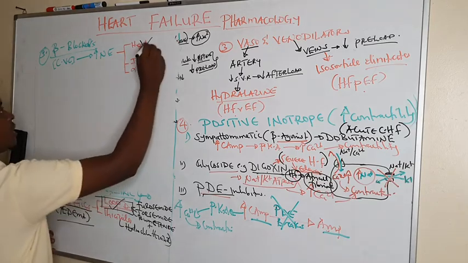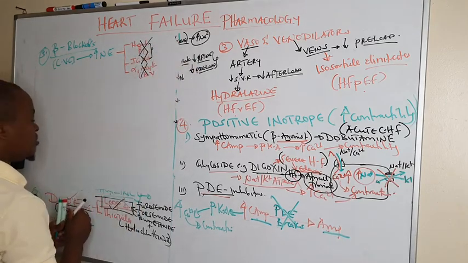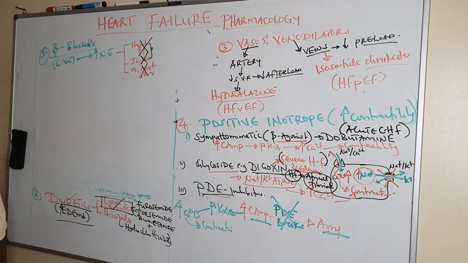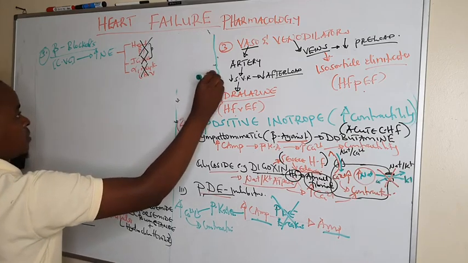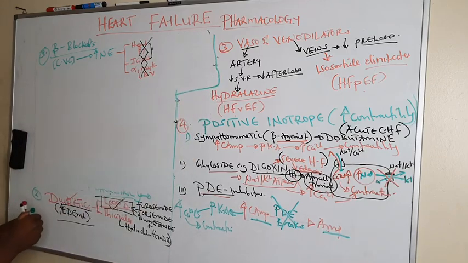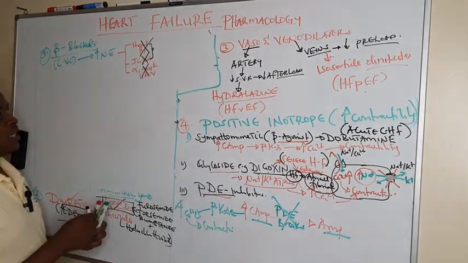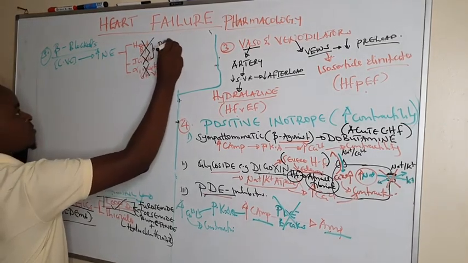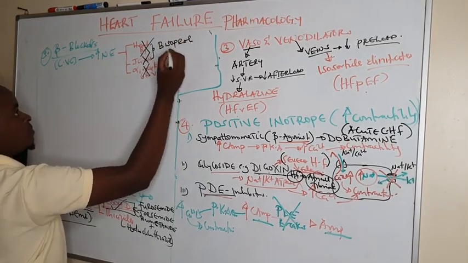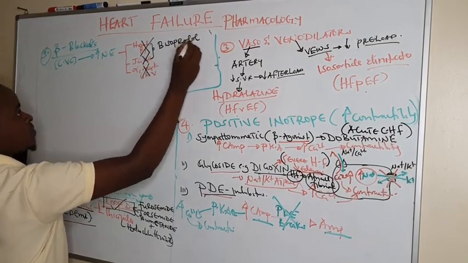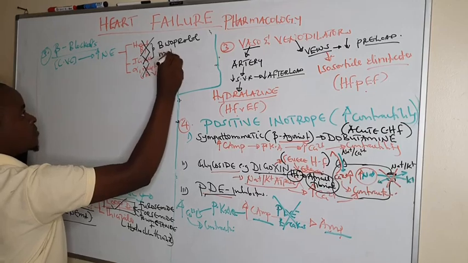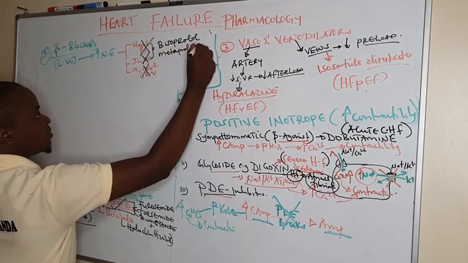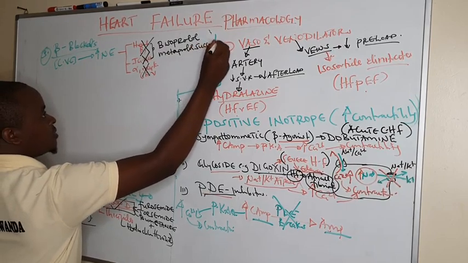Those which are beta-1 selective include, here we shall include examples, bisoprolol and metoprolol succinate.